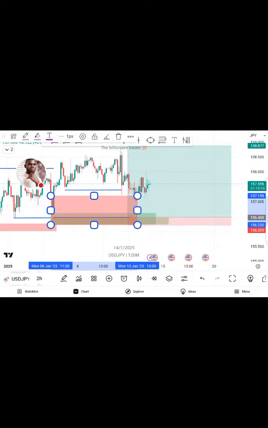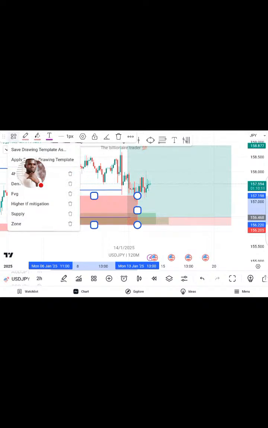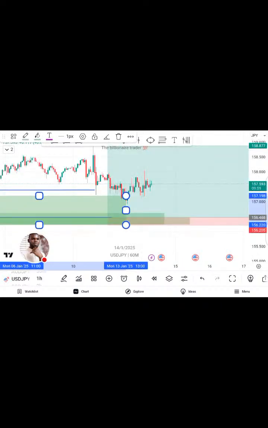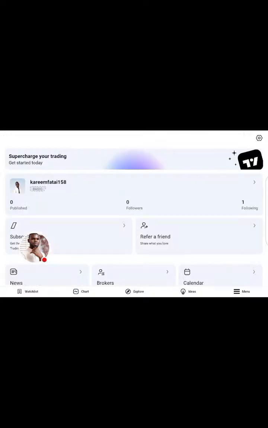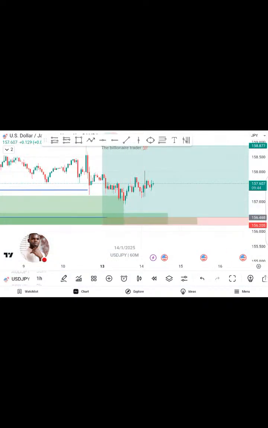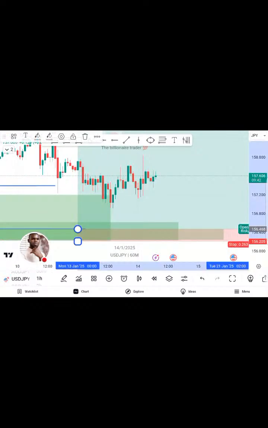After the mitigation of the 2 hours time frame demand zone, I noticed that on the 1 hour time frame, you should be familiar with this particular thing. On 1 hour time frame, I have this.